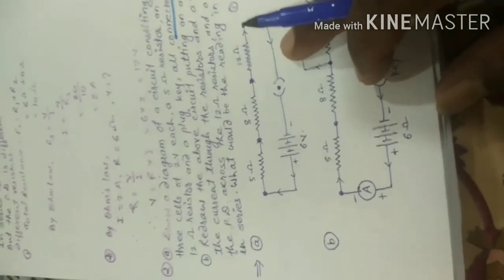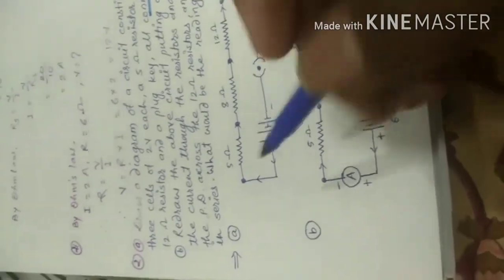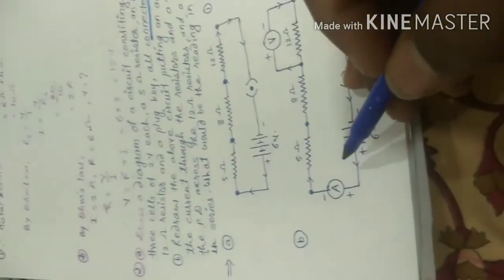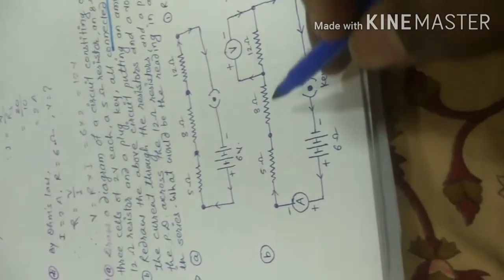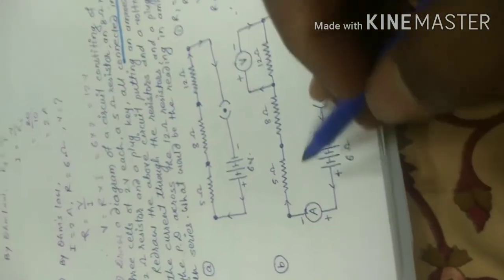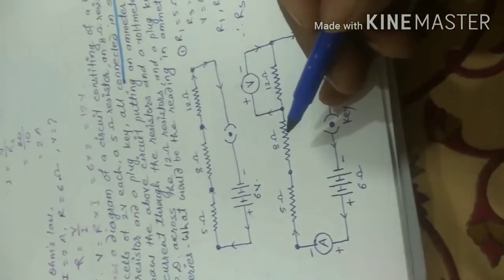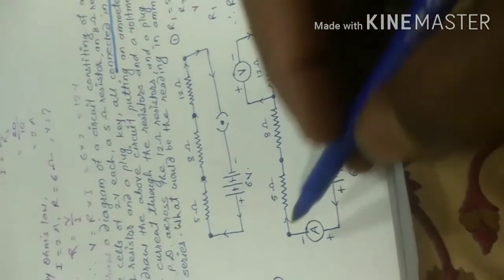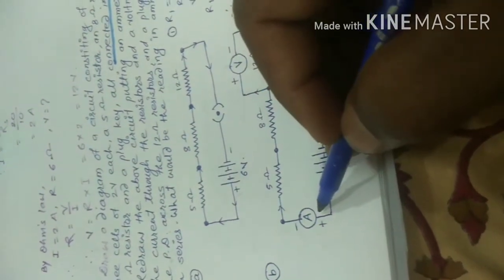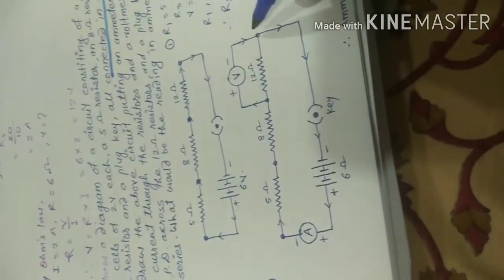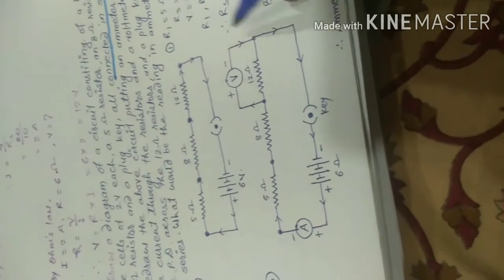Now we will go to the second question. What is the second question? Redraw the same circuit. But what has to be connected in it? Ammeter and voltmeter. The ammeter is always connected in series and the voltmeter is always connected in parallel. So where does the voltmeter have to be connected?